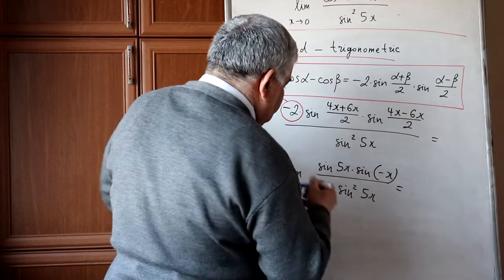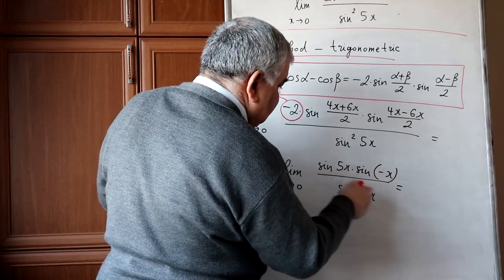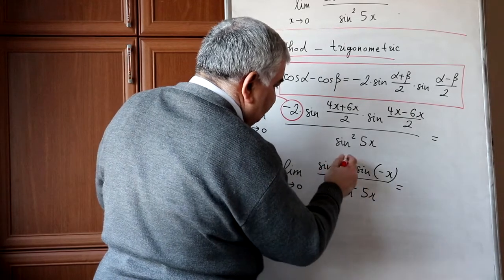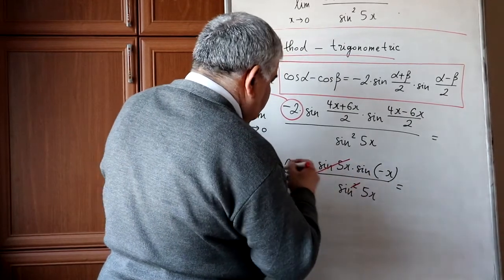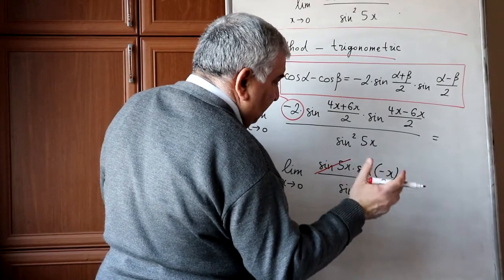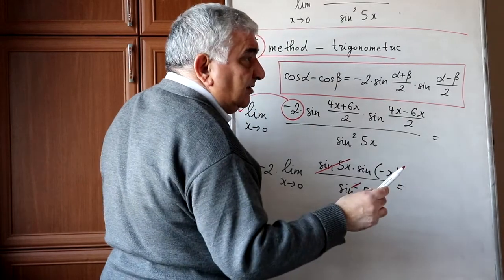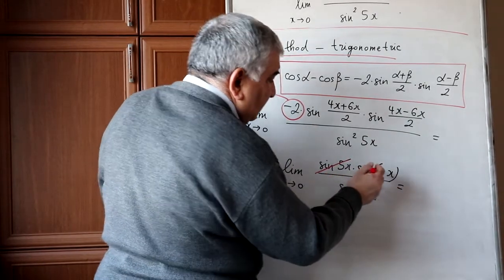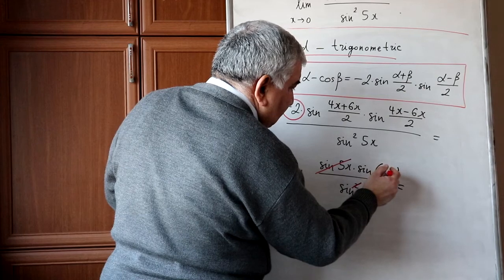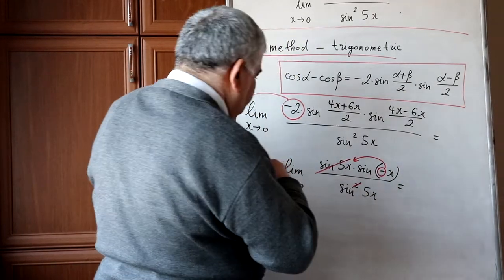Then we can simplify the numerator and the fraction by sine 5x, and also you know that the sine is an odd function, and therefore we can take the negative sign out of the sine symbol.